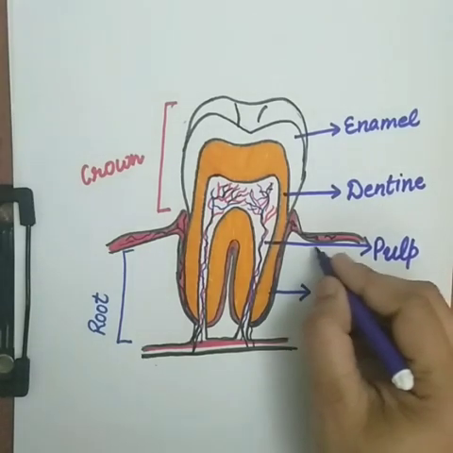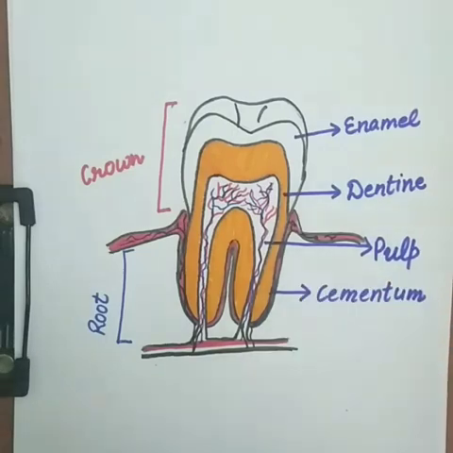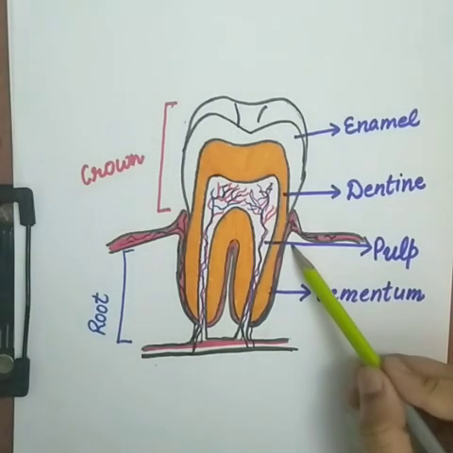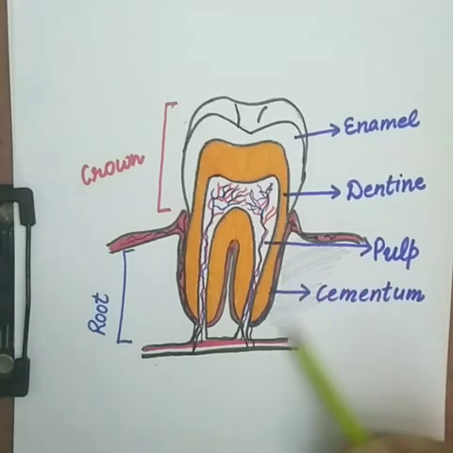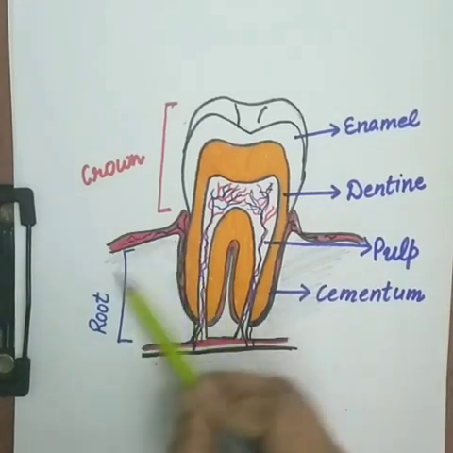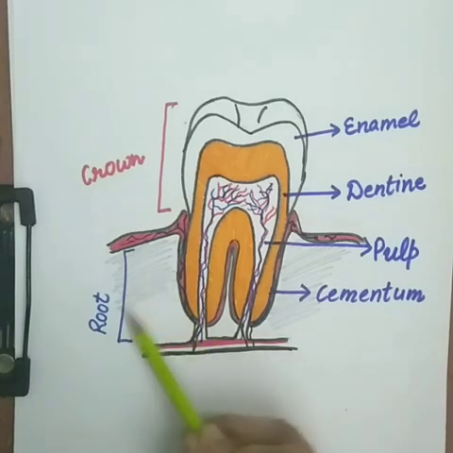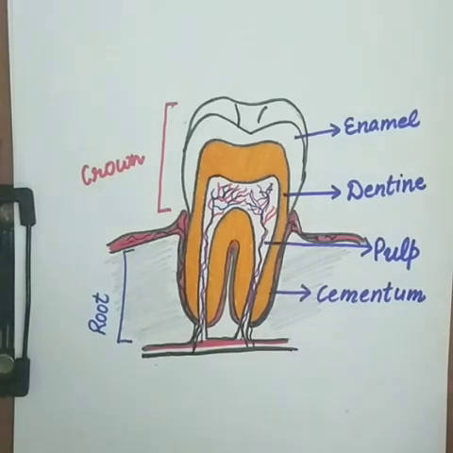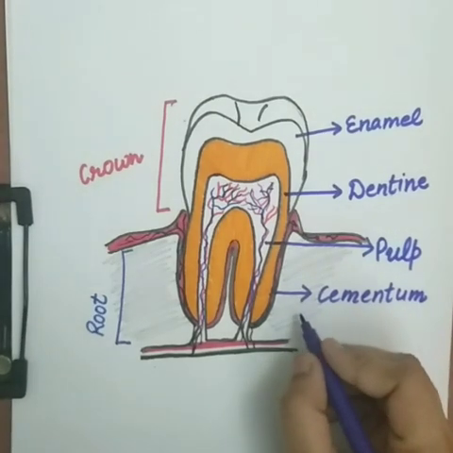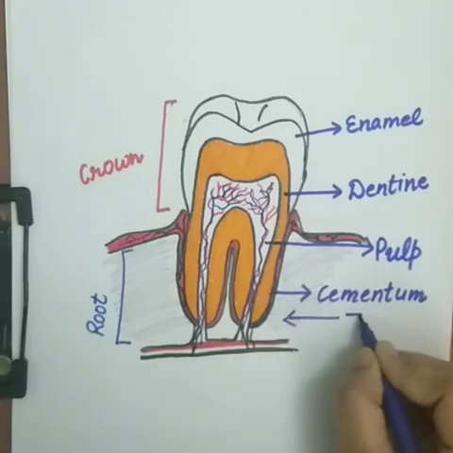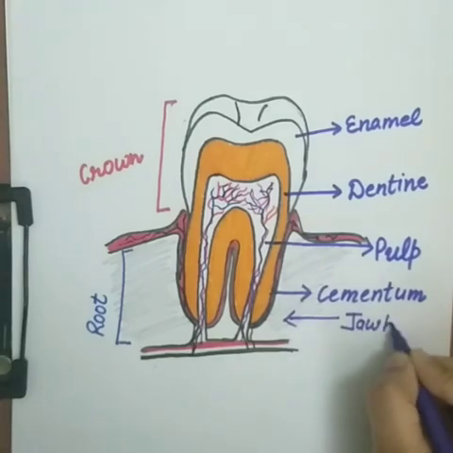See, this all is jawbone. I can show you, this which is under the gum is jawbone. So cementum helps a tooth to fix in the jawbone. This is your jawbone.